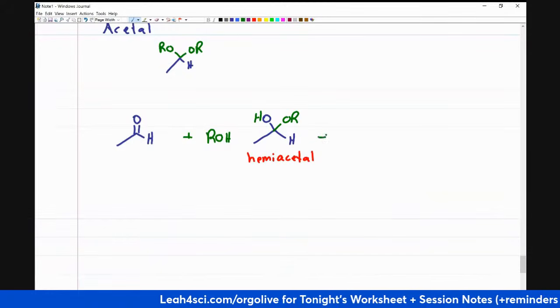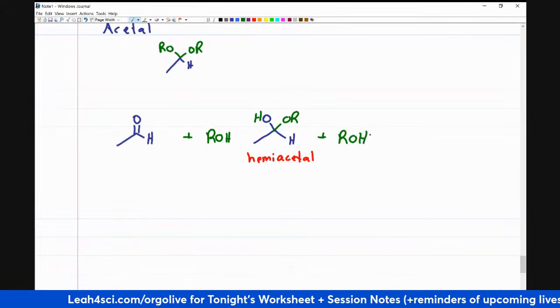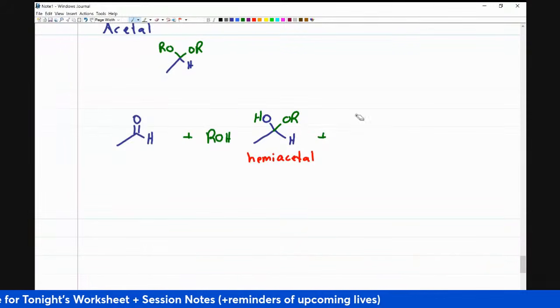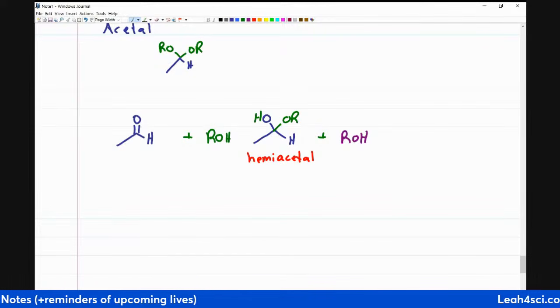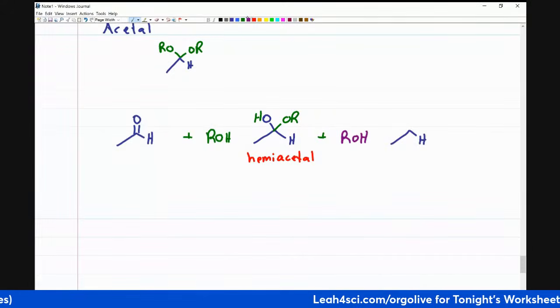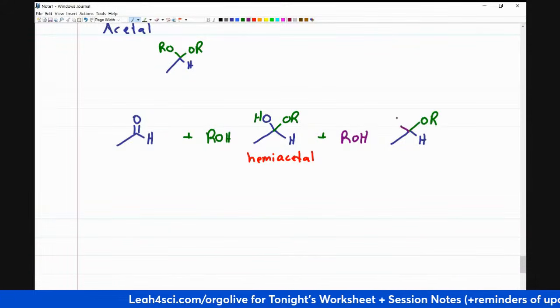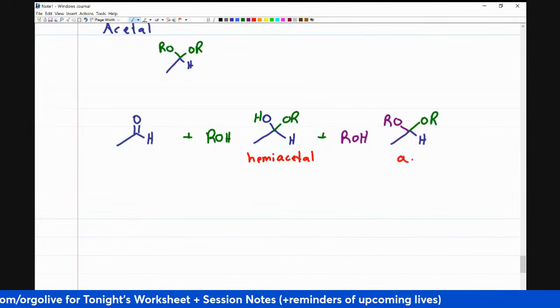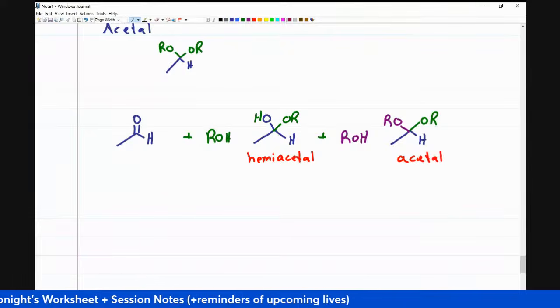If I react this one more time in the same reaction, that OH is going to get replaced. Let's show it in a different color so you can follow where everything came from. That is going to get replaced with, well, we already had a green OR. Now we have a purple OR. This right here is called a full acetal or simply an acetal.